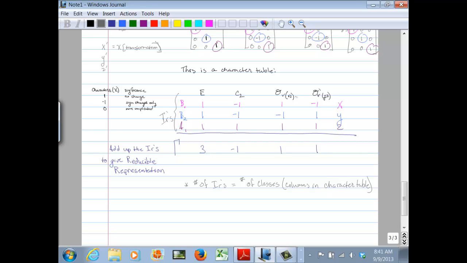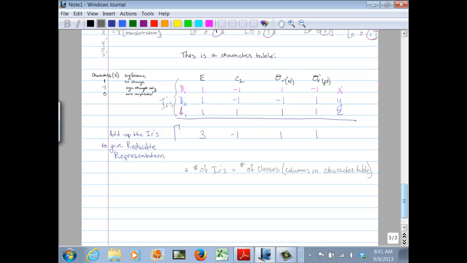I need to have 4 different irreducible representations. The other way I can know this is that the sum of the squares of the characters of E has to equal the order of the group. So 1 squared plus 1 squared plus 1 squared does not equal 4.